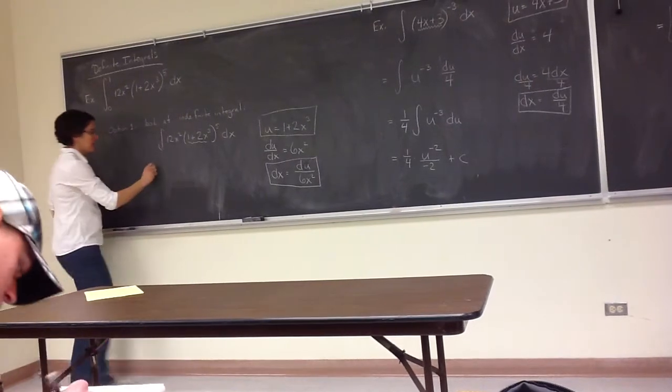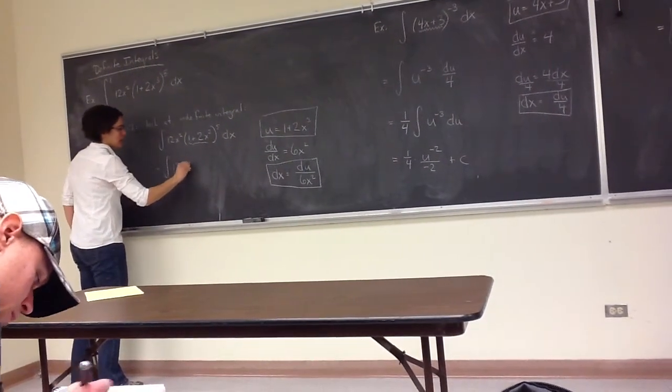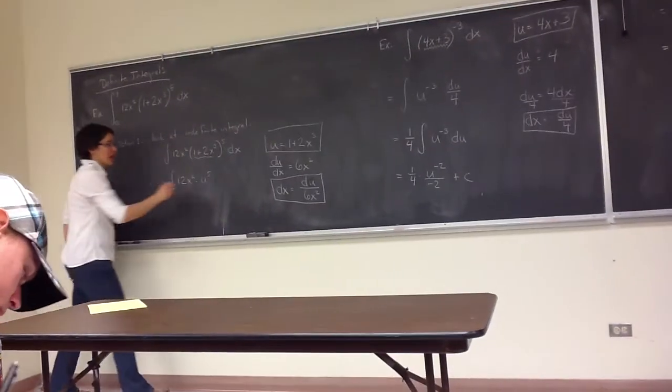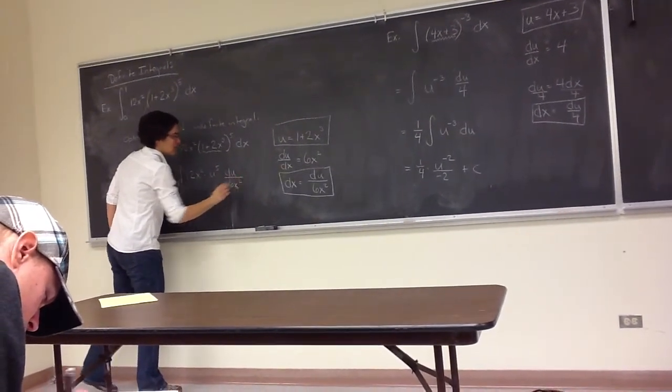Back over here to my indefinite integral, I've got the integral of 12x squared times u to the 5th, and my dx is du over 6x squared.